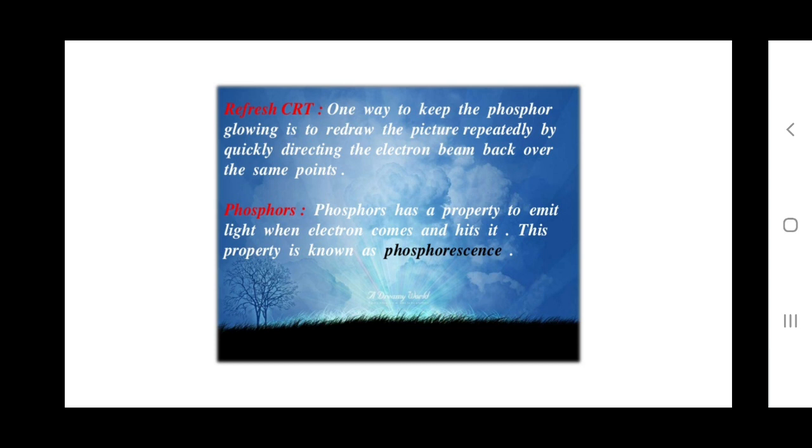This property is known as phosphorescence. So the display screen is coated internally with phosphor, because phosphor emits light easily when the electron gun hits it.